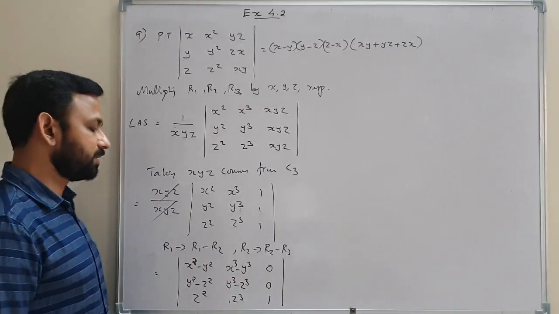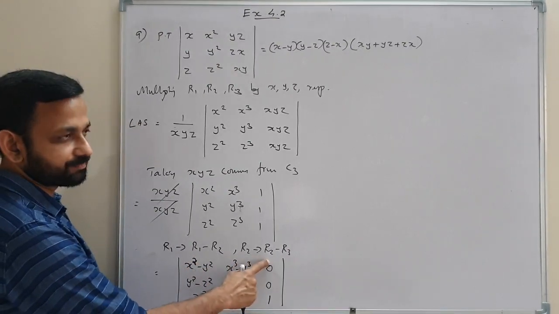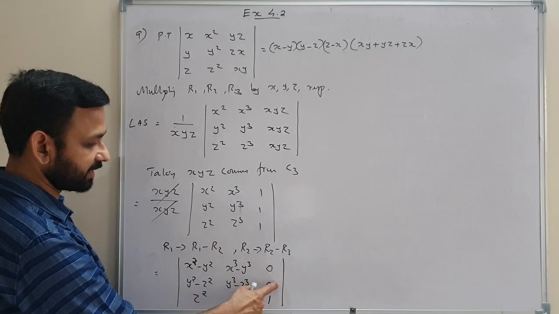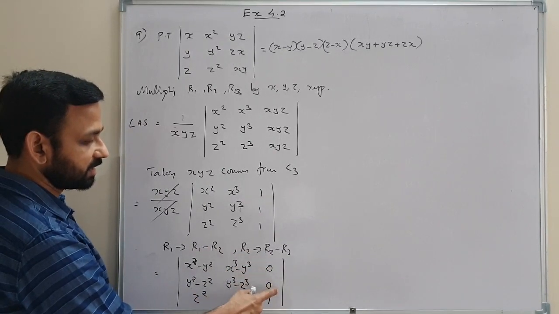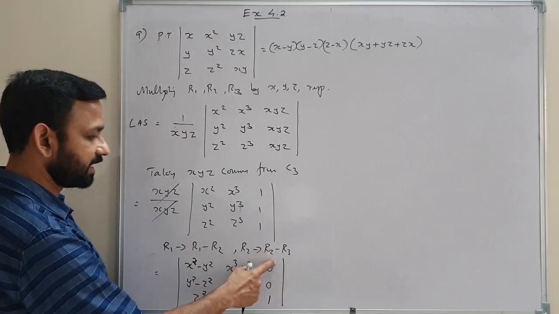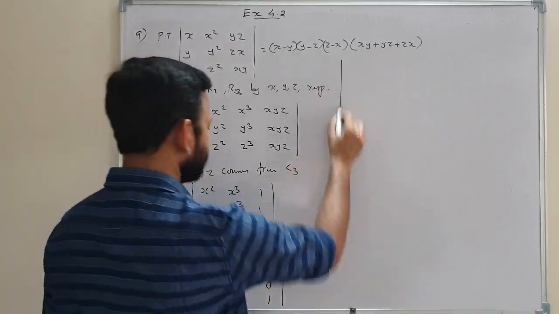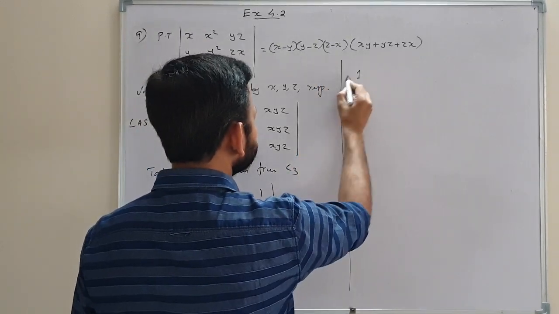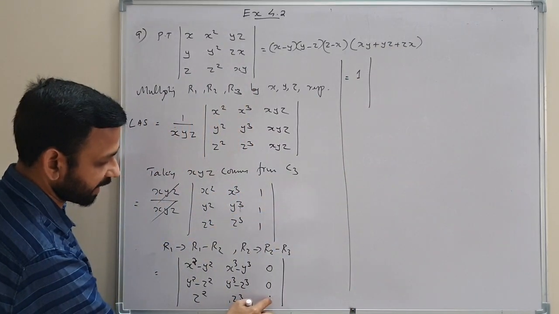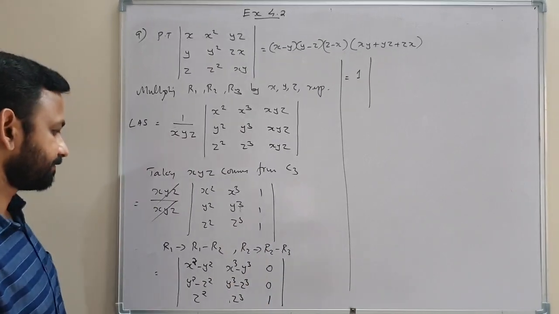The sign order is positive, negative, positive, so the sign of 1 will be positive, and we write 1 into the determinant, where the corresponding row and column are deleted.